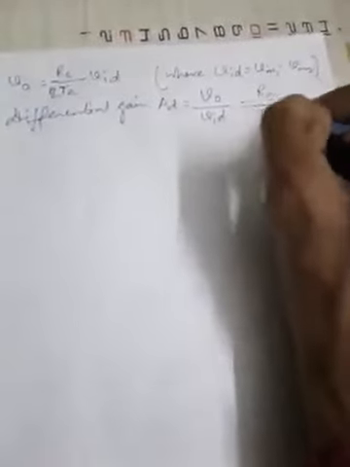Okay, so therefore the differential gain in this case, AD, is given by VO by VID, and that is nothing but, from this expression, RC by 2 small re.